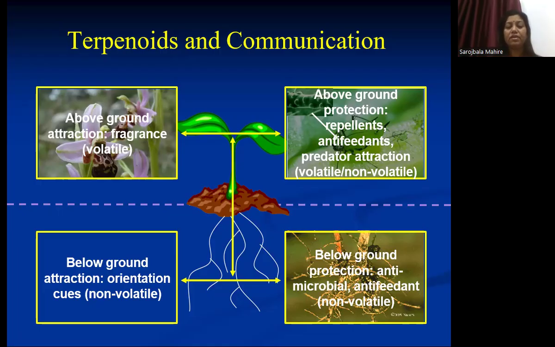Below-ground terpenes are non-volatile in nature and above-ground terpenes are volatile in nature.